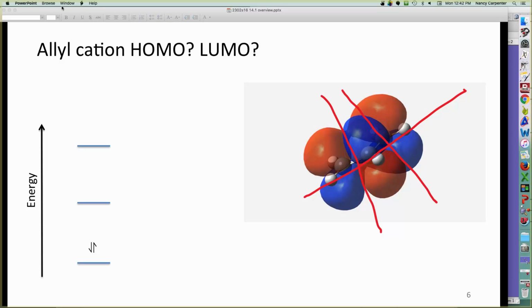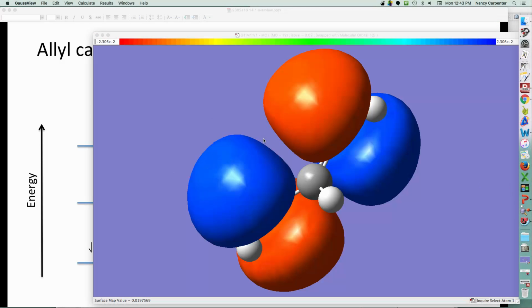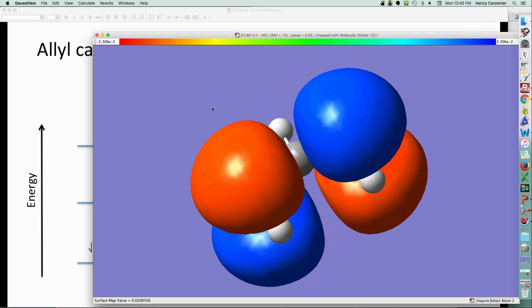So what about this middle energy molecular orbital? That's a bit more tricky, right? Because I have 3 carbons, but somehow or other I have to get 2 nodes, and it still has to be symmetric. Well, I'm just going to skip ahead and show you what this thing looks like, because it's kind of wild. And for those of you who are chemistry majors, you'll get to understand this in droves once you get to PChem.